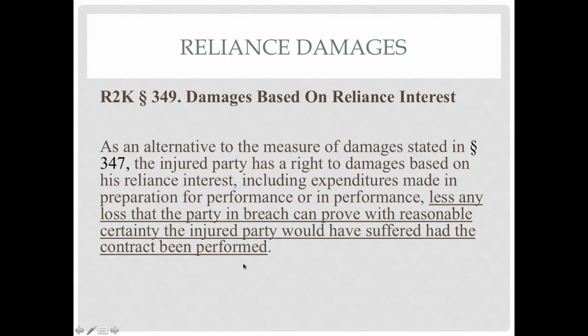In other words, the breaching party is still able to show that the contract would have been a losing contract. And therefore, even if you're going to spend more in performing this contract than the contract is worth, you're still only able to recover what the contract is worth, or the total contract price.